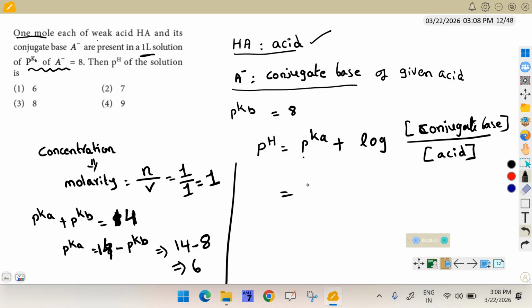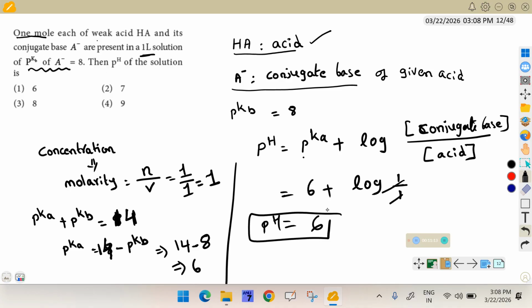Substitute the value: 6 plus log of 1 mole each present in 1 liter solution. So base concentration is 1, acid concentration is also 1, the 1s cancel. Then pH is equal to 6.